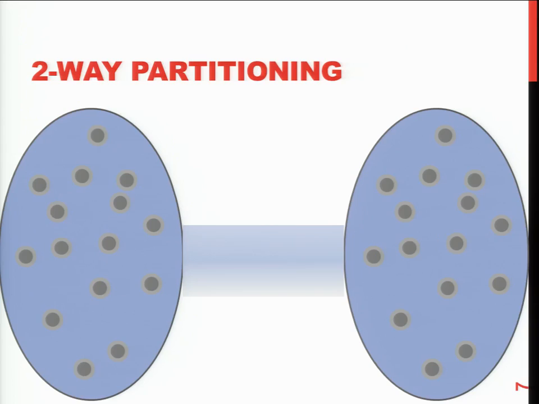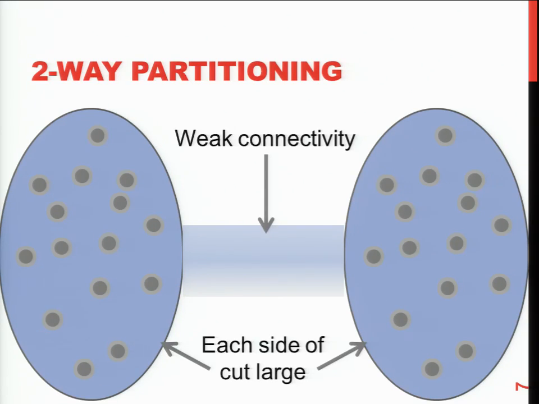So let me make this precise. This is called the two-way partitioning problem. You want to cut the graph into two parts, this is part 1, this is part 2, with the property that there is weak connectivity between the two parts, and also each side of the cut should be moderately large.